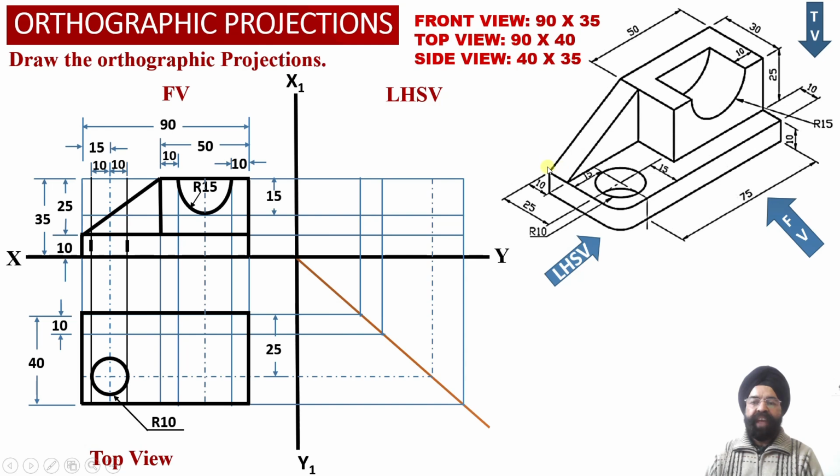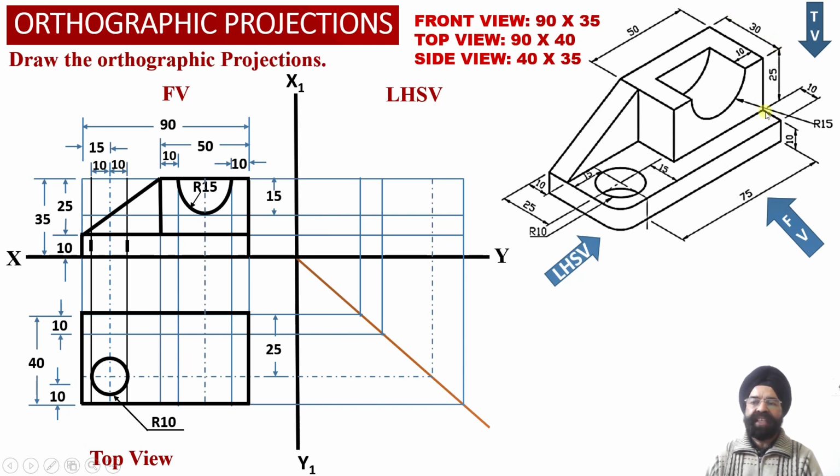Next, when we look at the solid from the top, this rectangular outline projection will be visible to the observer in the top view projections. Another thing we observe is that this rectangular block at the top of the horizontal web has a depth equal to 30 millimeter.